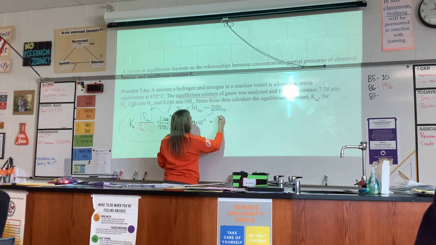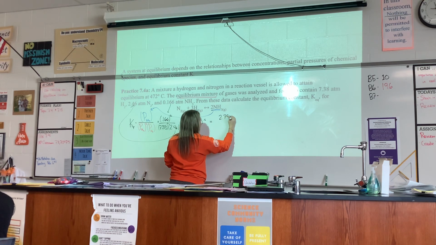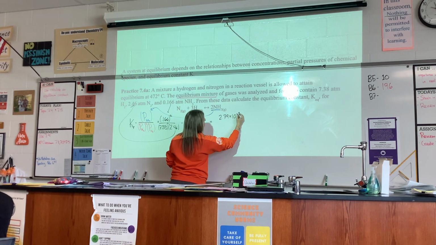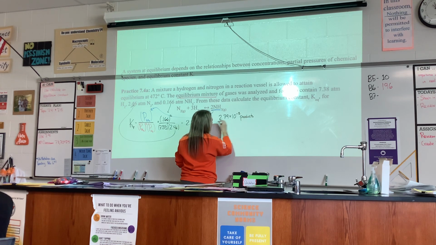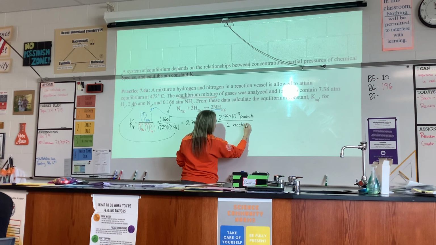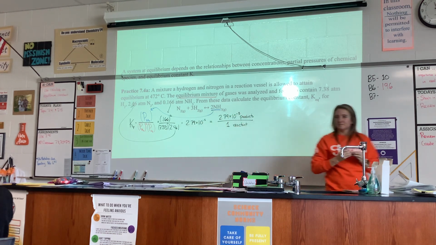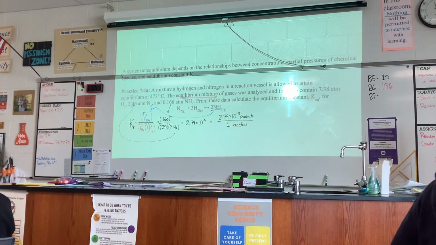What this means is there are 2.79 times 10 to the negative fifth products for every one reactant. So the number you get is a ratio of products to one reactant.